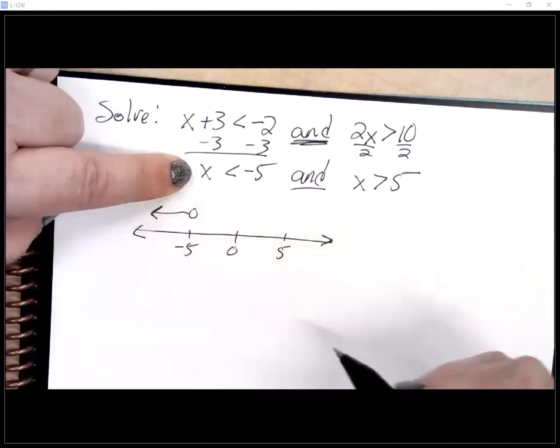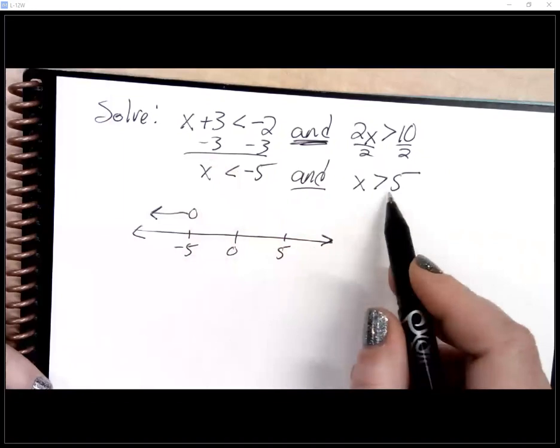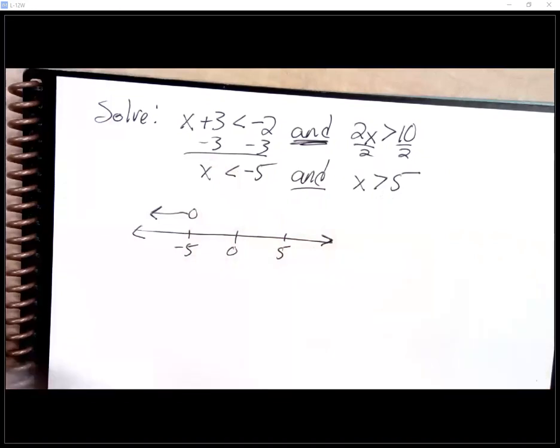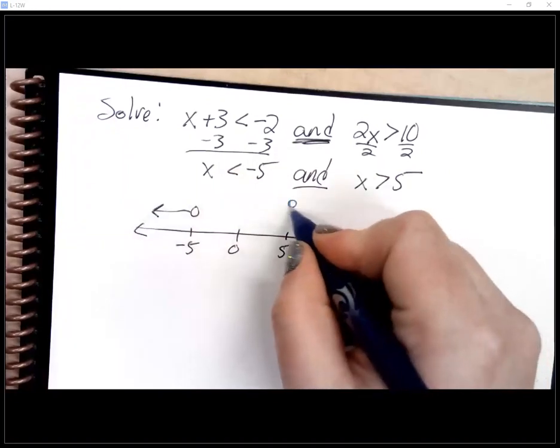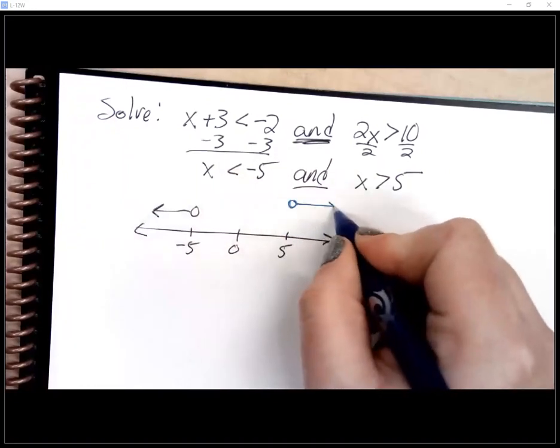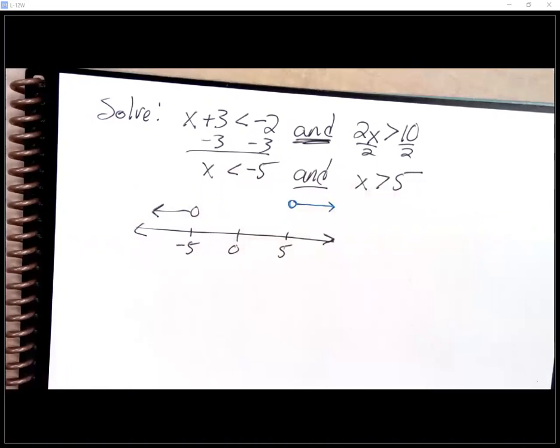And I want the numbers that are greater than, let me switch colors, greater than +5. These are just each of them graphed separately. So my actual answer has to be where these two overlap. Where's that? They don't. These never overlap each other, so this has no solution.